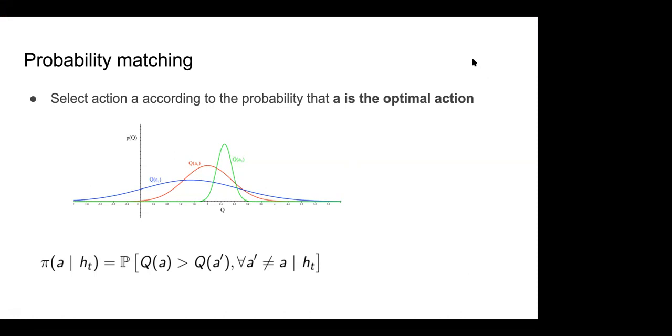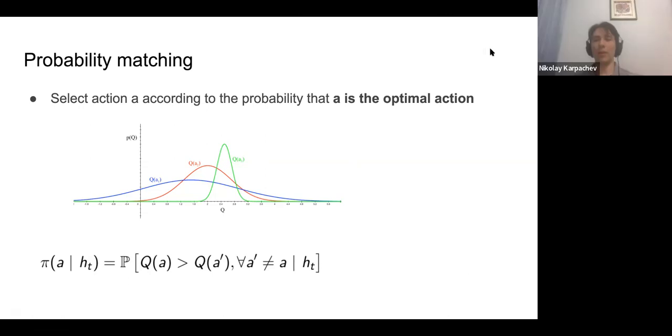Can you show on this plot how Boltzmann works? Yes. Boltzmann works in the following way. It uses only the mean Q value. For this green action, it will be 2.6, I think.